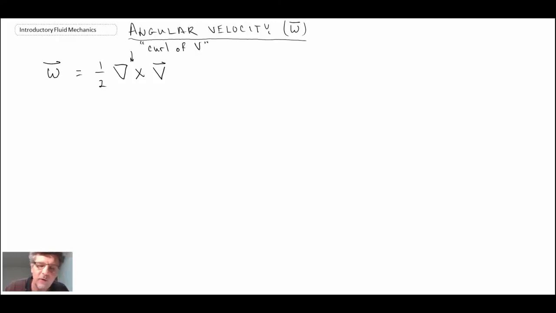So if you hear del cross v or curl of v, that refers to this operator here. We can expand that out: i, j, k; then the second row we have partial x, partial y, partial z; and the third we have u, v, w.